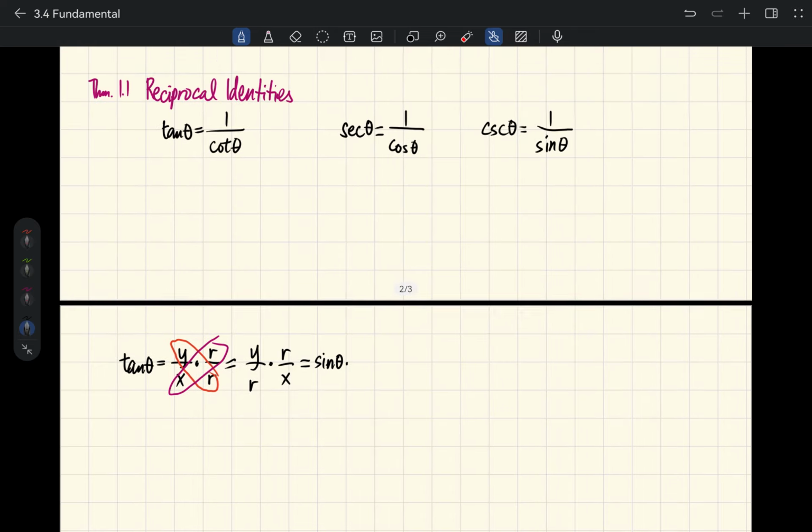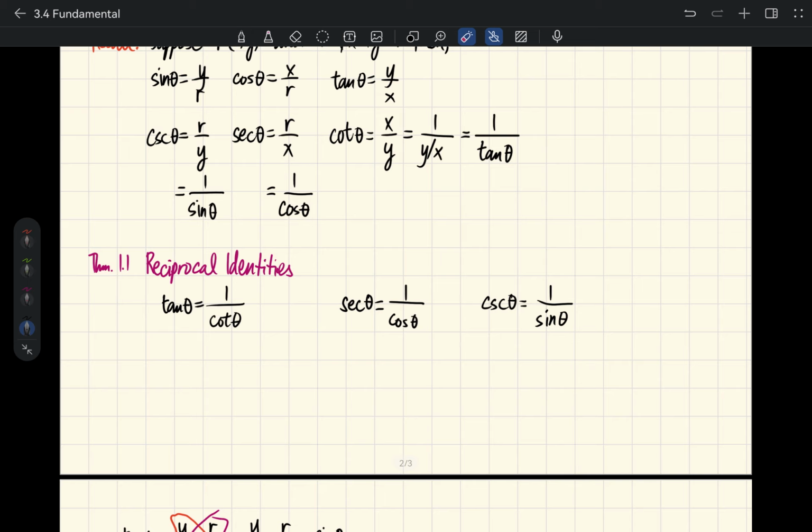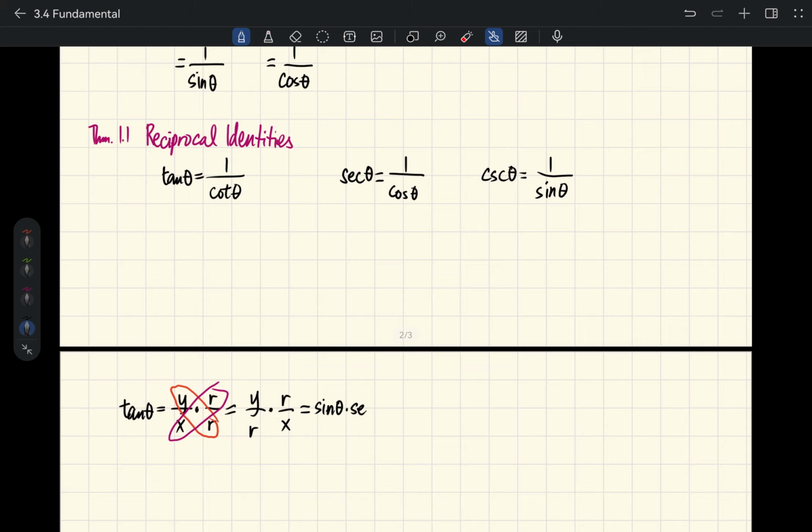And r over x, based on our definition, is secant theta. So we have times secant theta right here. But by theorem 1.1, secant theta is just 1 over cosine theta. So we have sine theta times 1 over cosine theta, finally giving us sine theta over cosine theta.